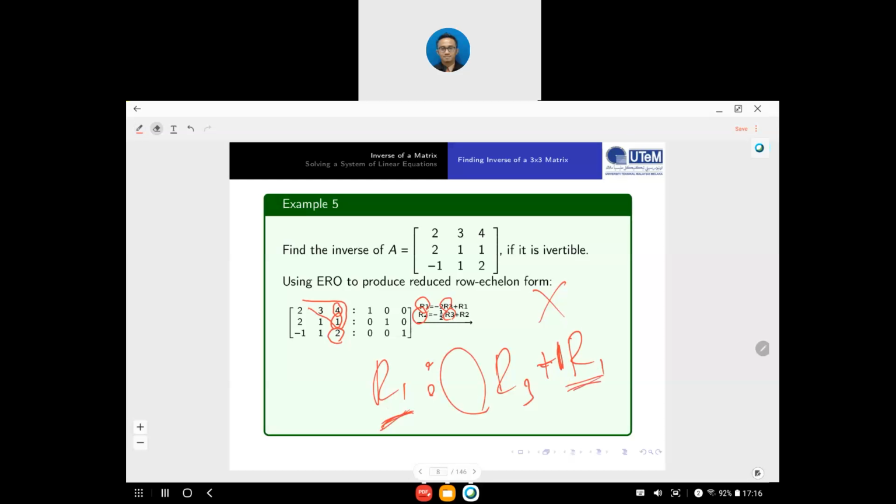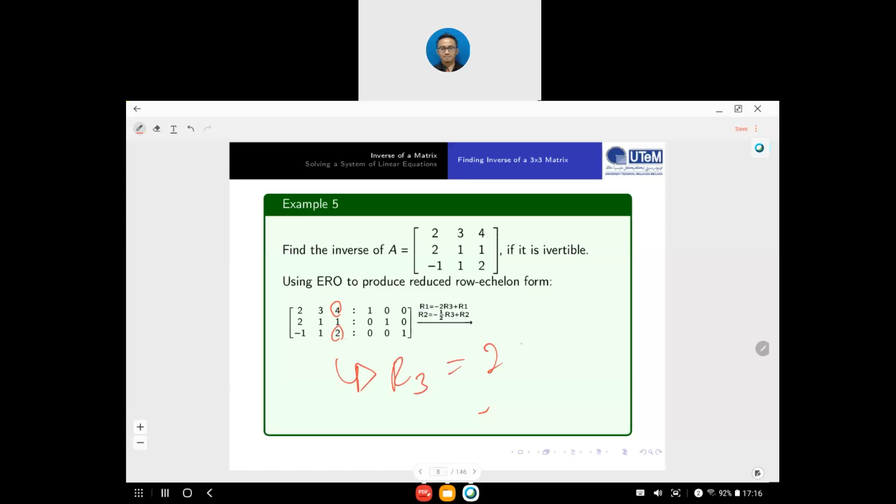For example, this one, I want to change 4 become 0 by using row 3. So you must think this row 3 is 2. How to get 4? Times by what? Our aim is 4, because 4 plus -4 gives you 0.